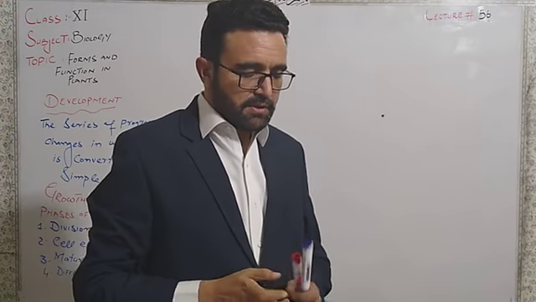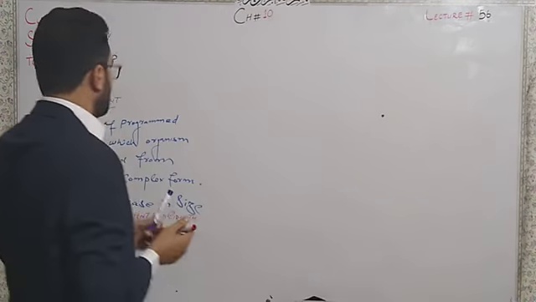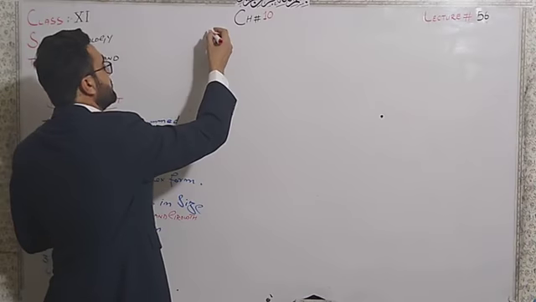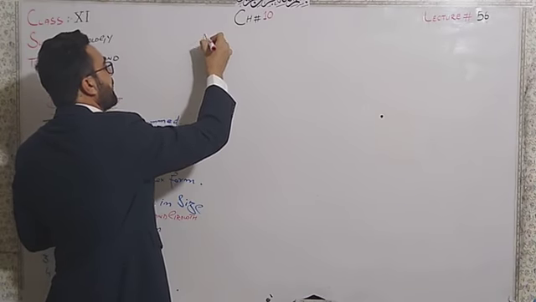Now dear students, we will talk about the growing tissues. The first one is meristematic cells.